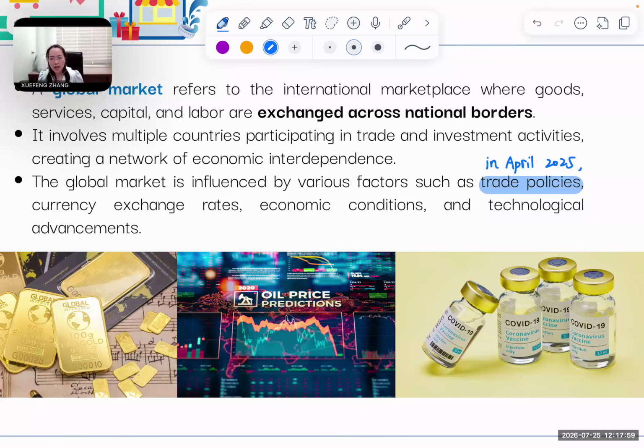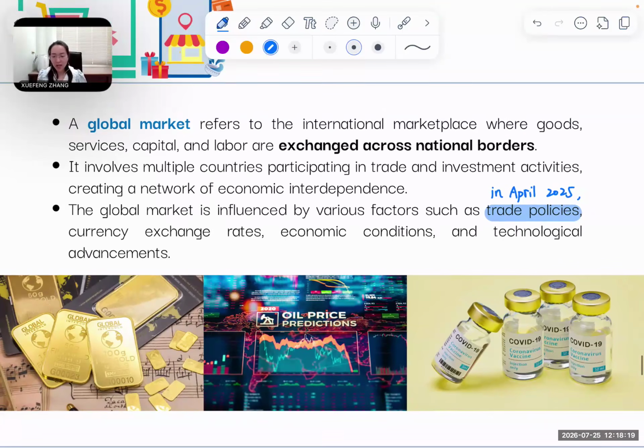So some Thai factories actually gained orders from the same policy. Nobody trades in isolation anymore. One policy decision can shift supply chains worth billions of baht. So in a global market, a price in one country becomes an economic problem or opportunity in every other country.